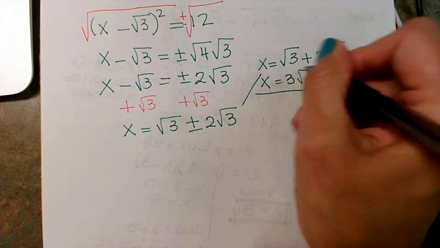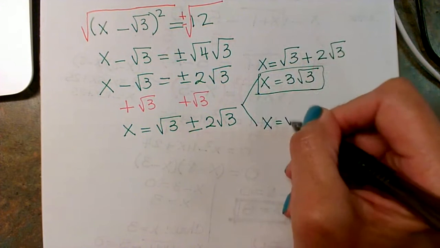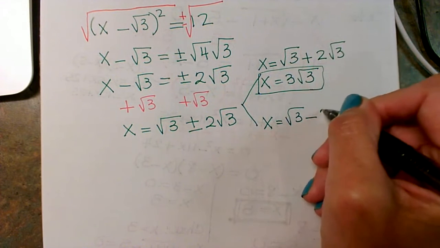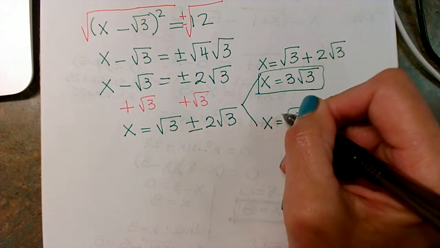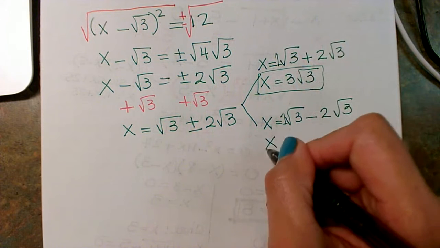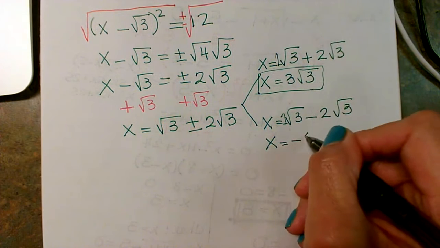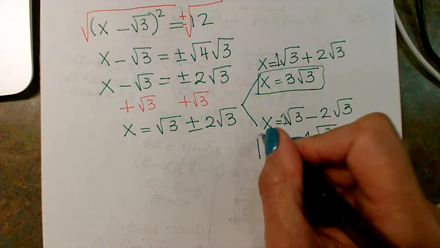You guys see that? And then this one is going to be square root of 3 minus 2 square root of 3. So I have a 1, remember, you have a 1 here. So this is going to be negative 1, if you want to write it down, square root of 3, or negative square root of 3.